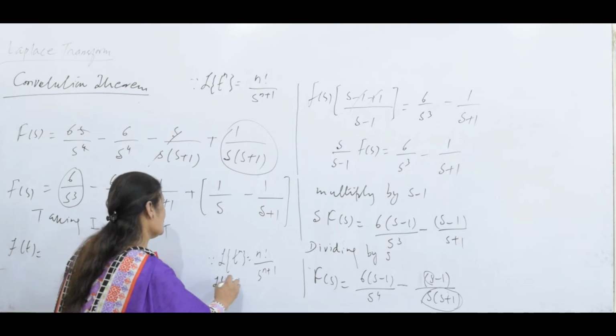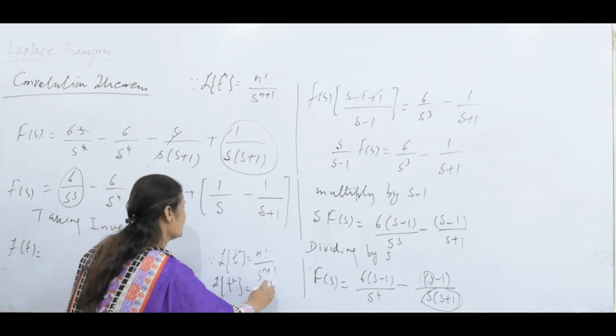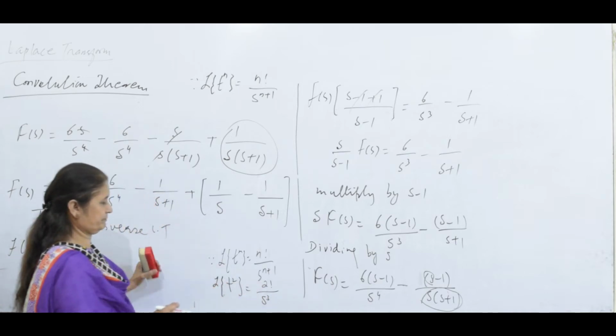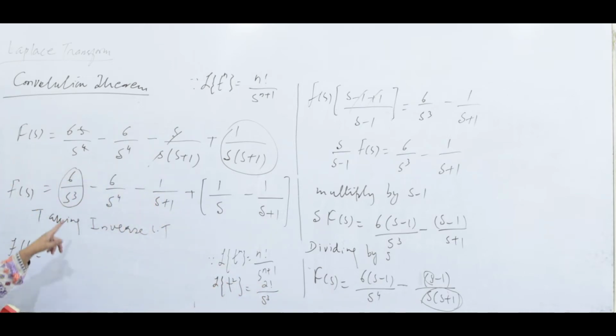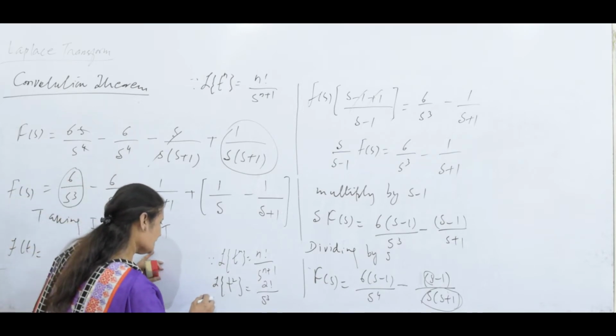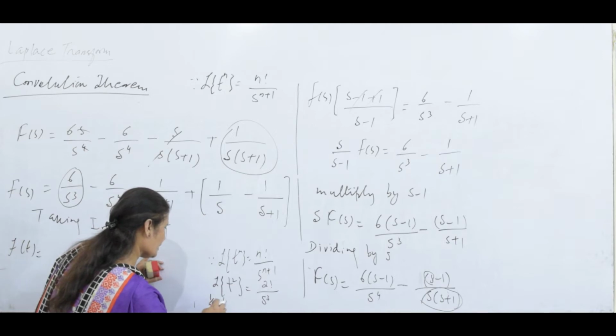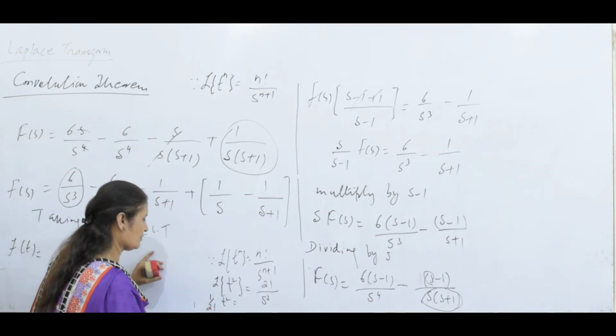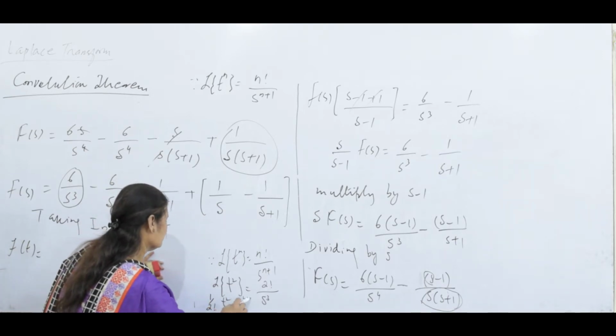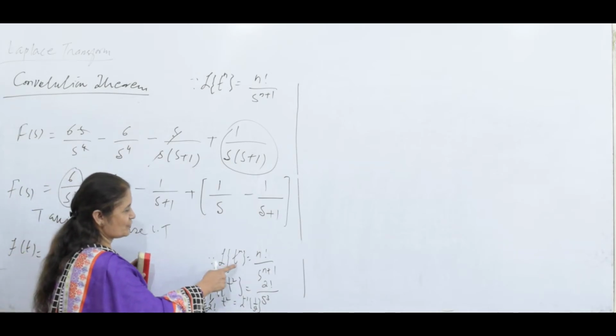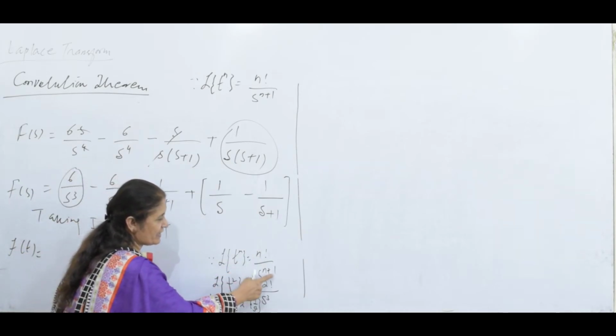Laplace of t square is 2 factorial over s cube. Look at that, s cube is there. Let me write 1 over 2 factorial t. So Laplace of t raised to power n is n factorial over s n plus 1.